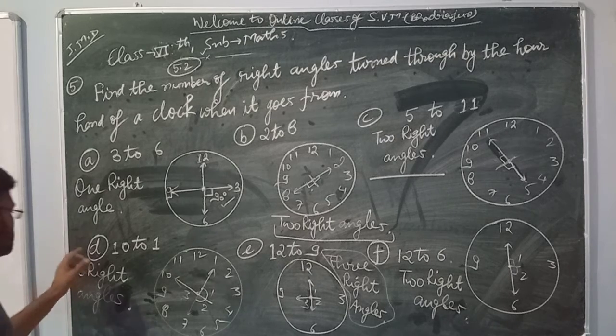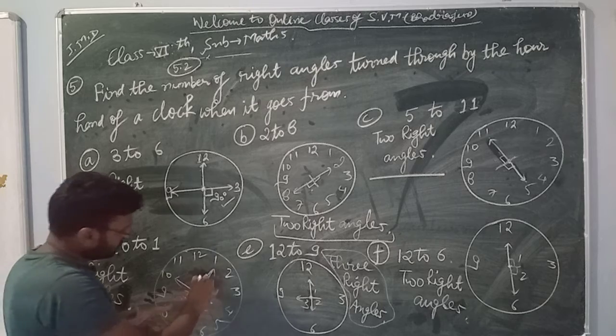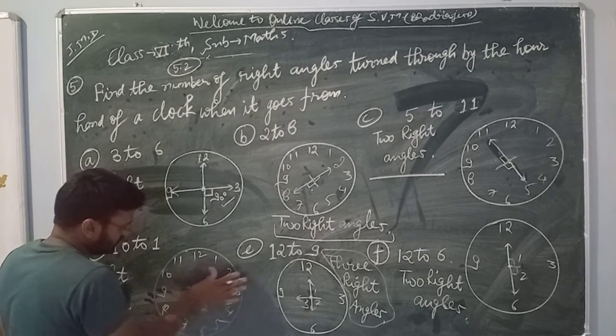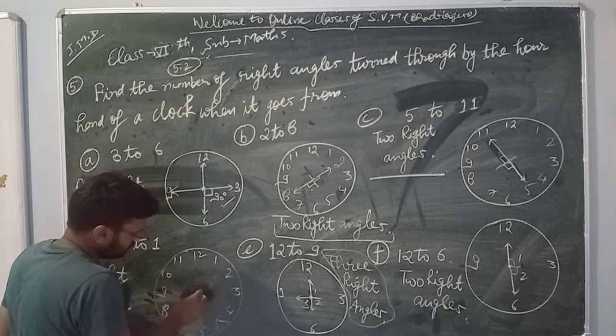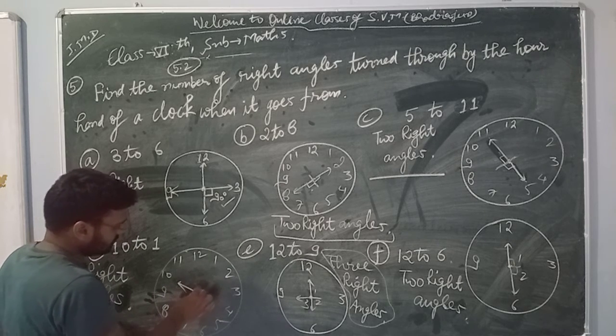In our part D, what we are given is from 10 to 1. Actually, I calculated from 1 to 10 by mistake, so we will calculate from 10 to 1. This is our center and this is our 10, and we have to move towards our 1.